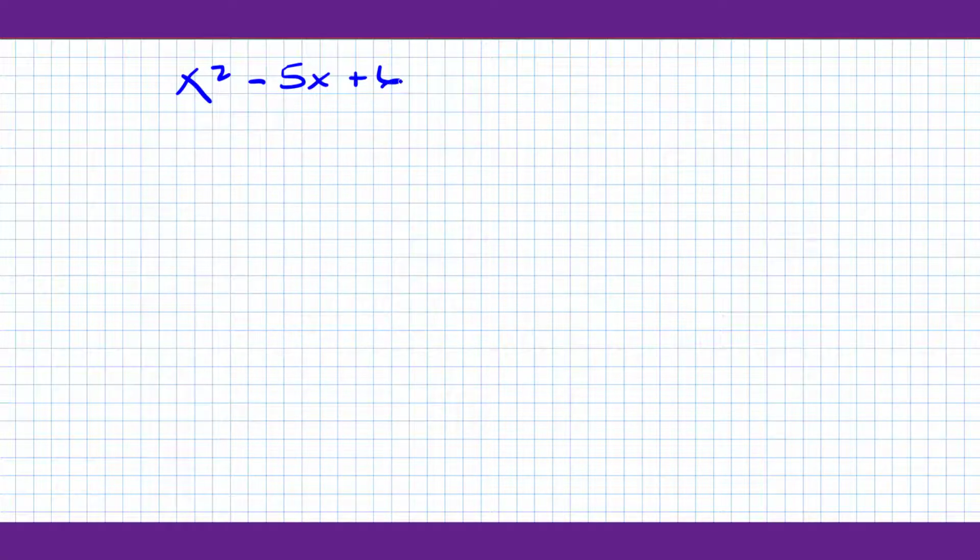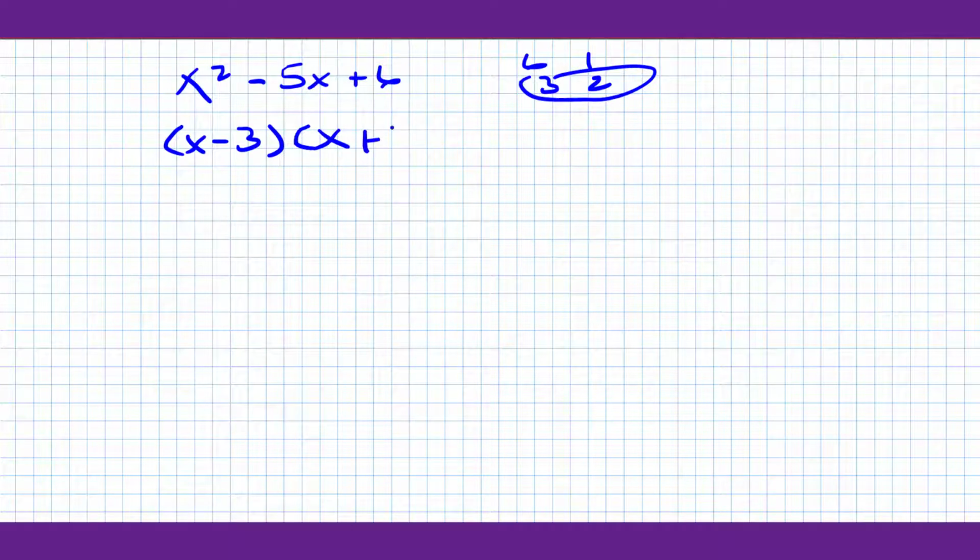So 6 and 1 are factors of 6, right? And 3 and 2. If we take 6 and 1, we've got to get a positive number over here. So negative 6 plus negative 1 is going to be negative 7. So it looks like we're going to use 3 and 2, right? Negative 3, negative 2.